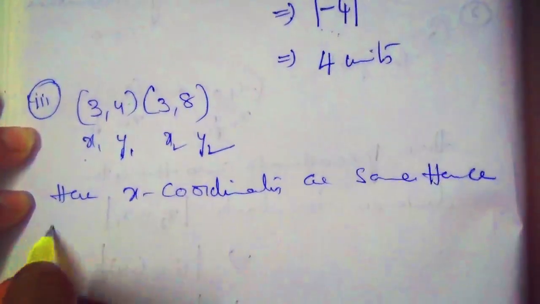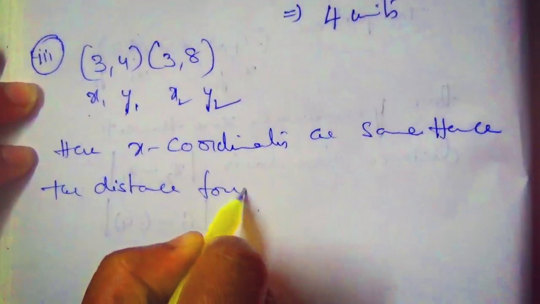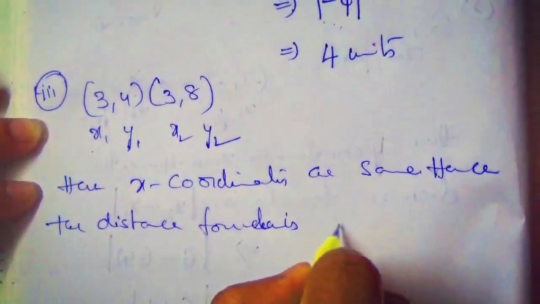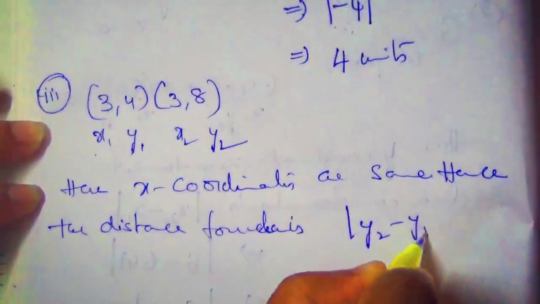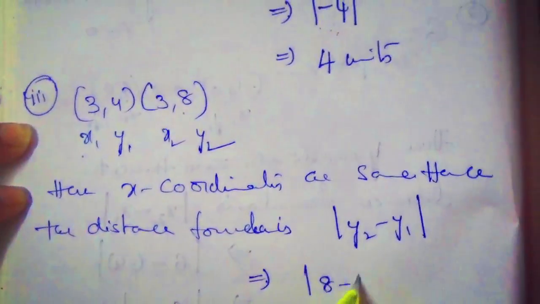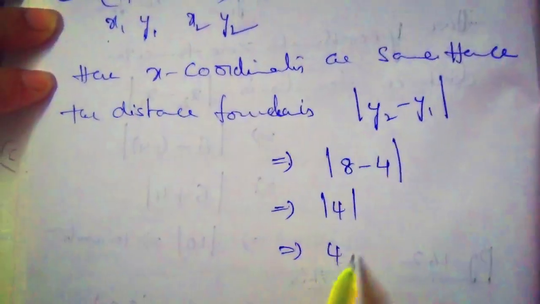Hence the distance formula is y2 minus y1. What is y2? 8 minus 4, that implies 4 units.